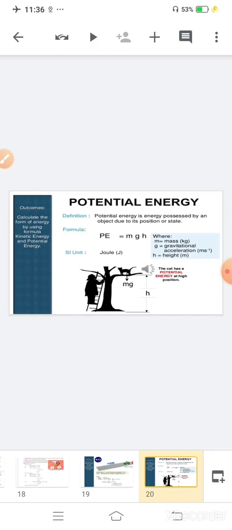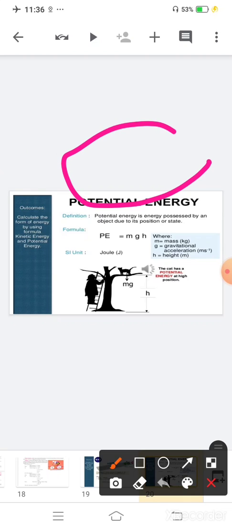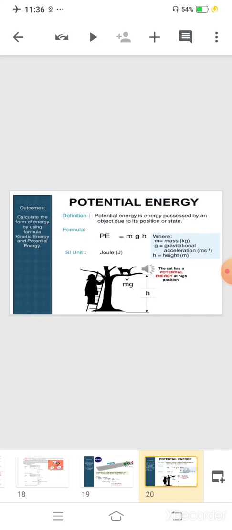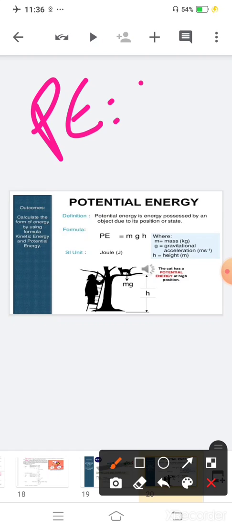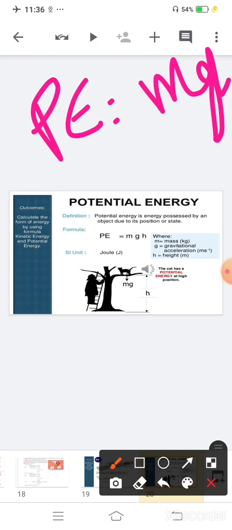So basically, what do you mean by potential energy? Potential energy is an energy possessed by an object due to its position or state. So your PE is equal to mgh.